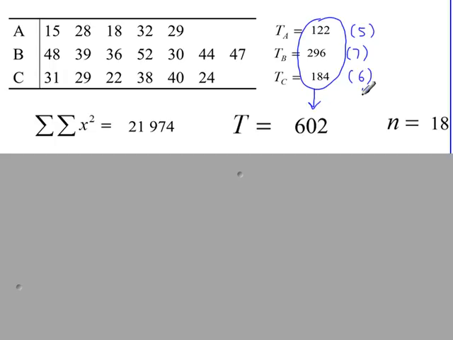There are 18 values in total in the whole table. If every value is squared and then added together, sigma x squared is equal to 21974.